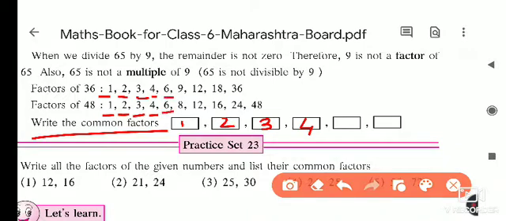Now 6, next 8, 9, and 12 is the common factor. After 12 there is no other common factor between these two. So the common factors of 36 and 48 are 1, 2, 3, 4, 6 and 12.